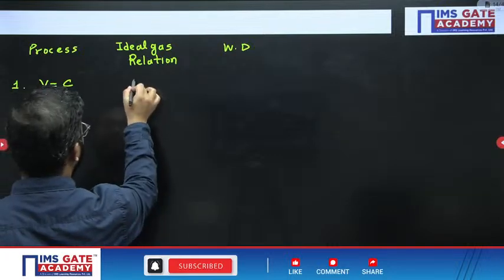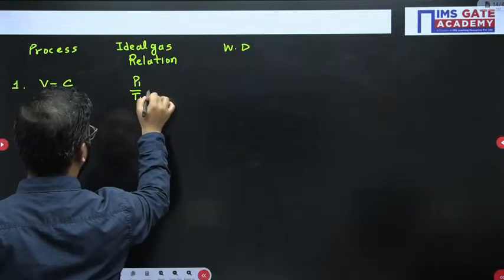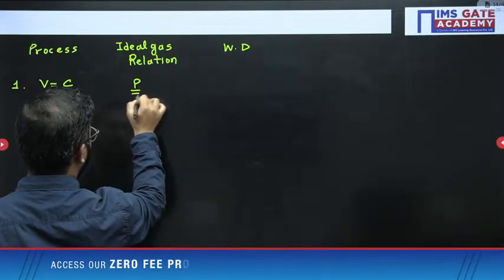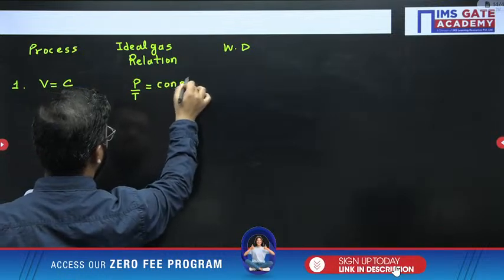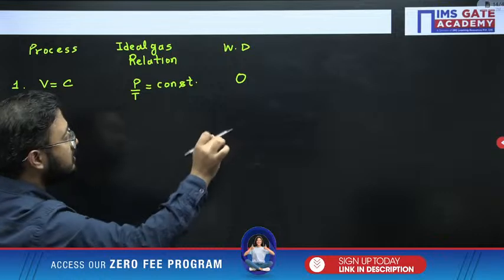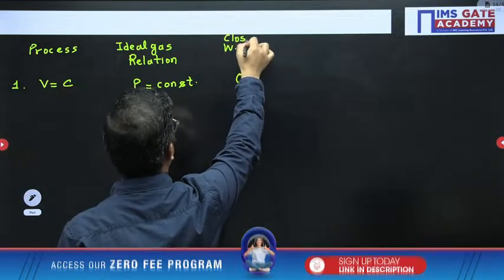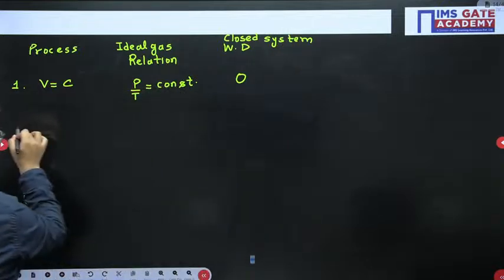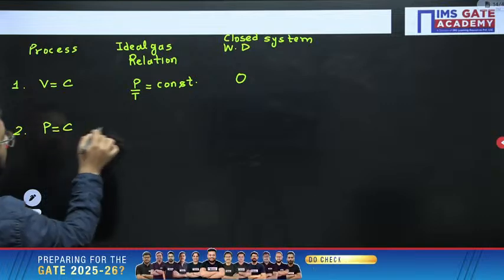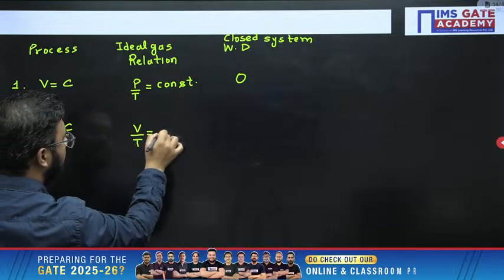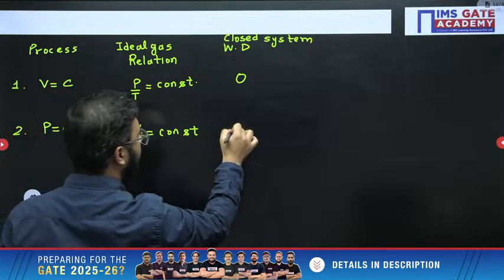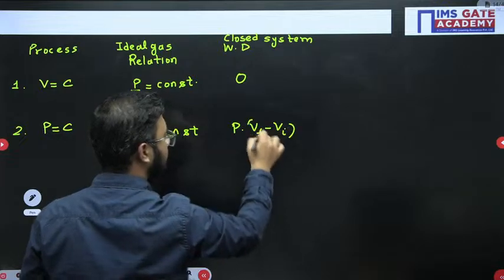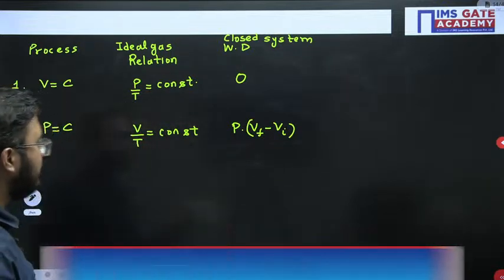So the ideal gas relation means P by T ratio is constant. Work done will be 0 for closed system work. Then we have the constant pressure process. V by T ratio is constant. Work done will be pressure into change in volume. Change in volume means V final minus V initial. Final minus initial, that is what the change means.